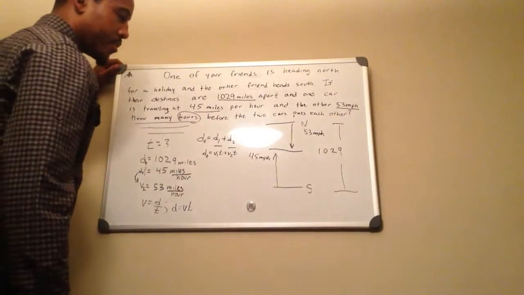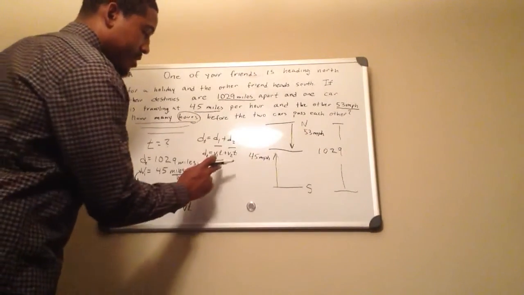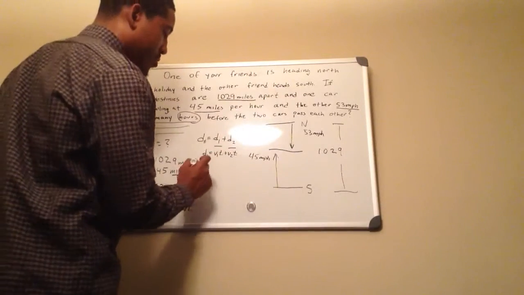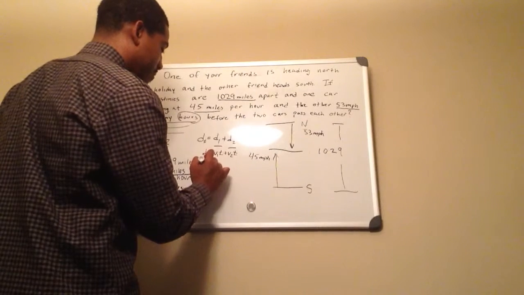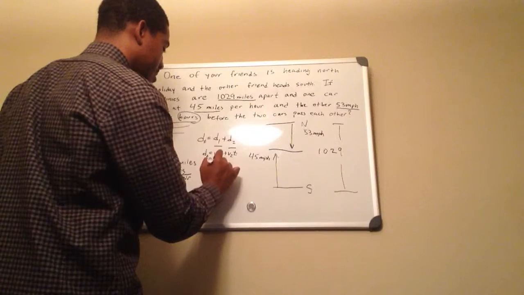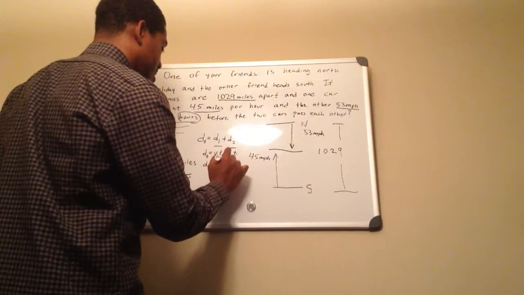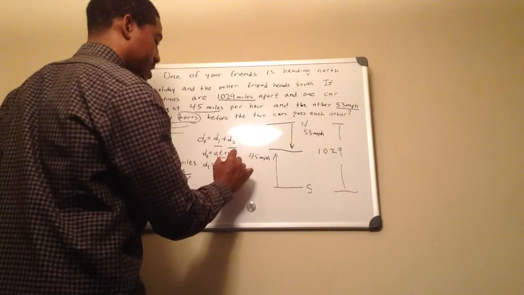And because both are operating on the same independent time variable, the times are equal, so you now have the equation, the quantity of velocity 1 plus velocity 2 times time.